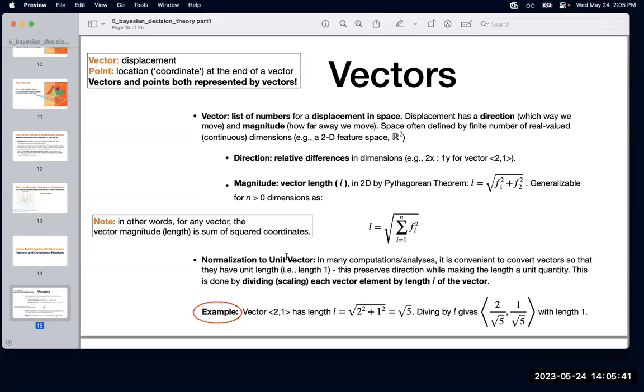And finally, if I want to work with a normalized version of my vector, a typical normalization that we would be using would be to just set the length of the vector to 1. So if you have a set of vectors, what you would be doing is essentially transforming all the vectors that are part of that set to a unit vector, or a vector that has the length of 1.